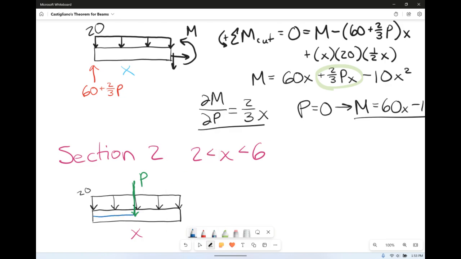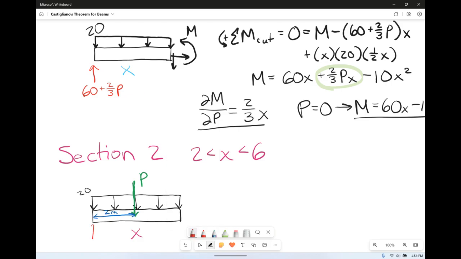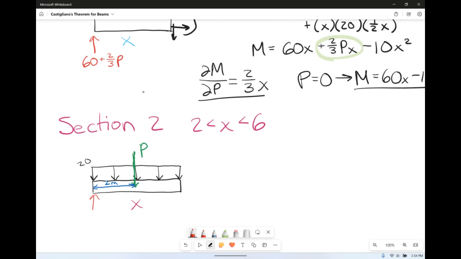The distance over to P was 2 meters. And we've also got AY, which was 60 plus 2/3 of P. And then we have our internal shears, normals, and moments. So that's our little free body diagram for the second cut.